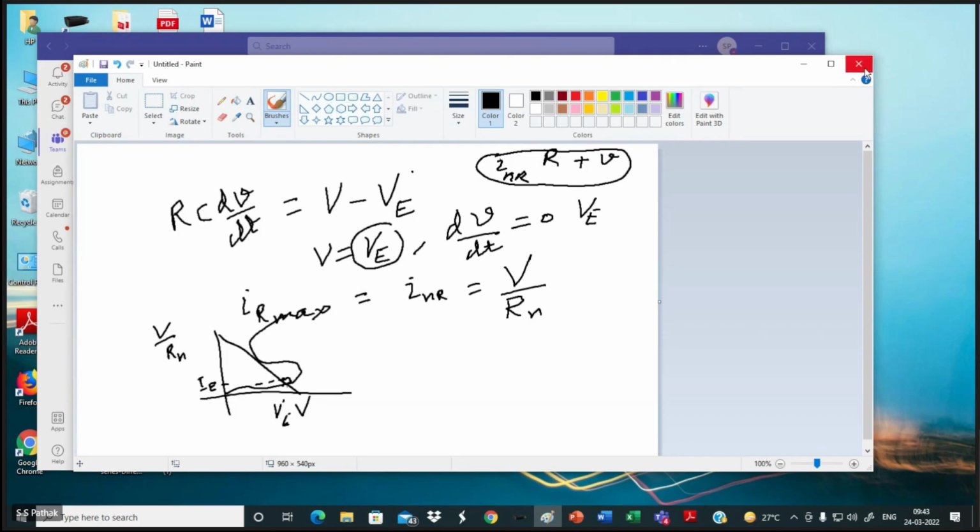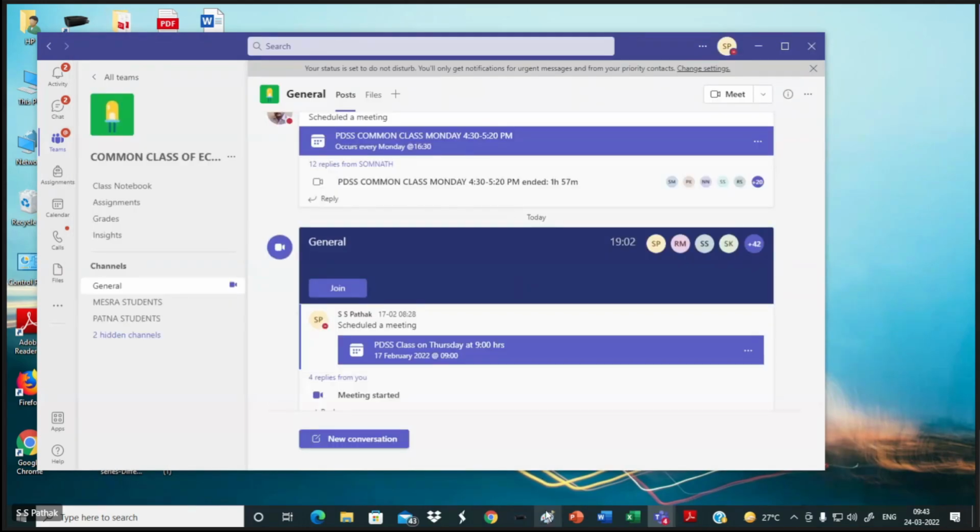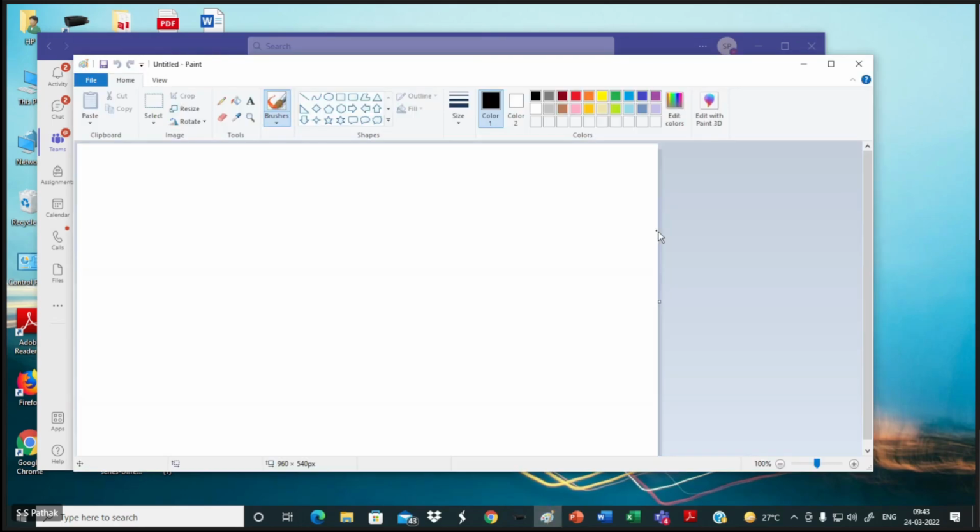Now, I'll take some other example here. Suppose there are two negative resistance devices having characteristics like this. This is my I, this is my V. A negative resistance device is put in the circuit.